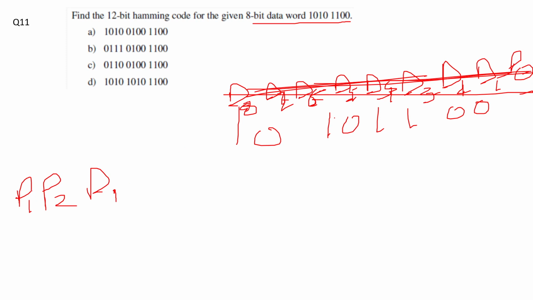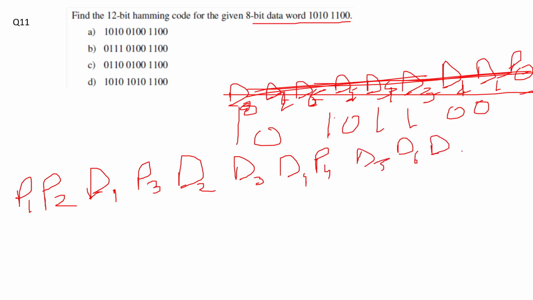So our 12-bit Hamming code can be written as P1, P2, then P3, then D2, D3, then D4, then P4, then D5, D6, D7 and D8.